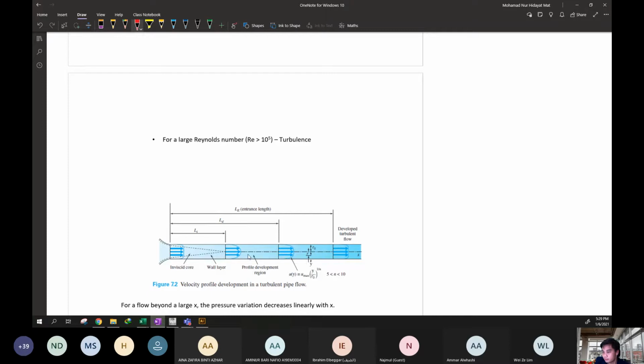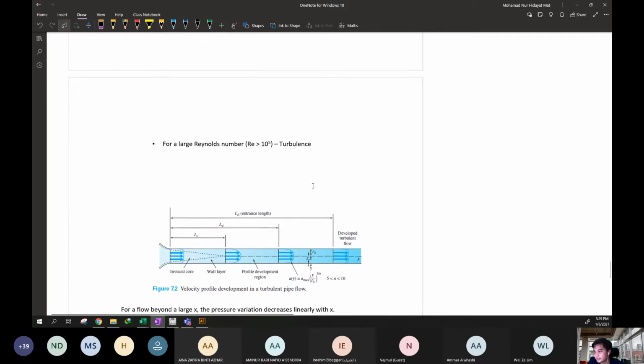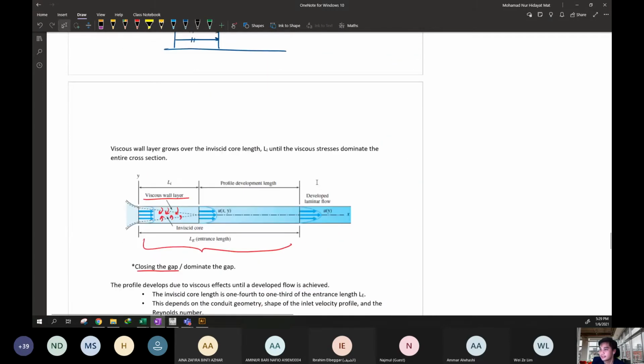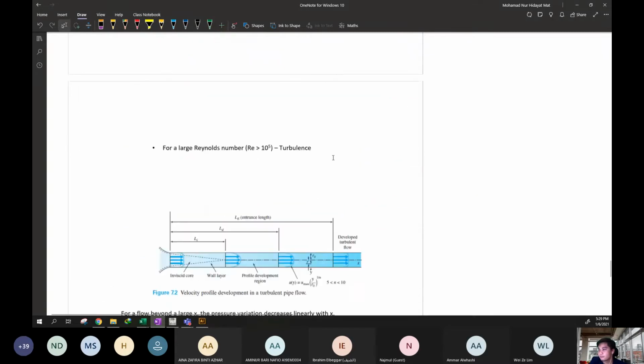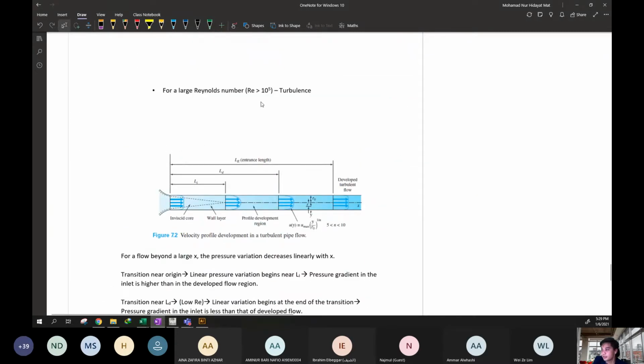We have a different profile. Previously, this was laminar. Remember, this is for laminar. And this one, when the flow is at very high Reynolds number, becomes turbulent. Remember, turbulent is a chaotic flow.